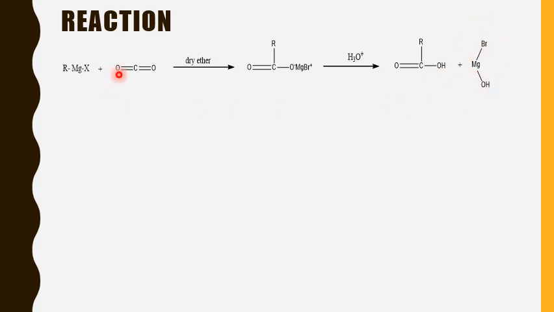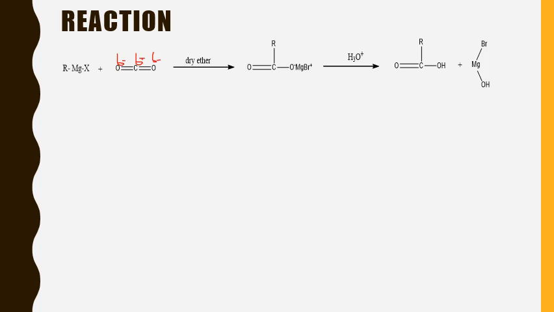As I said, carbon dioxide has a linear structure where carbon has two oxygens attached through a pi bond. Being highly electronegative, these oxygens pull the electrons of the carbon, and carbon gets a partial positive charge.